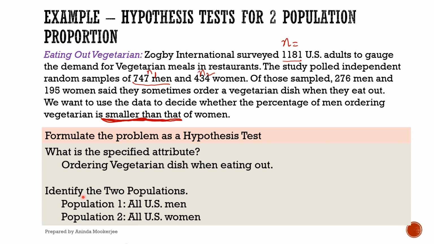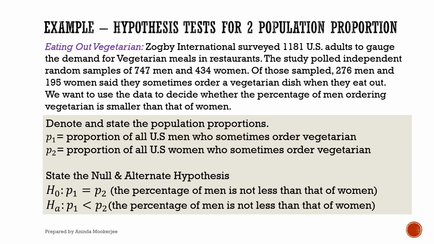The second part says identify the two populations. So population 1 is going to be all US men, population 2 all US women. Now we are going to go ahead and state our hypothesis, which is going to be the first step in any hypothesis test. It says denote and state the population proportion.